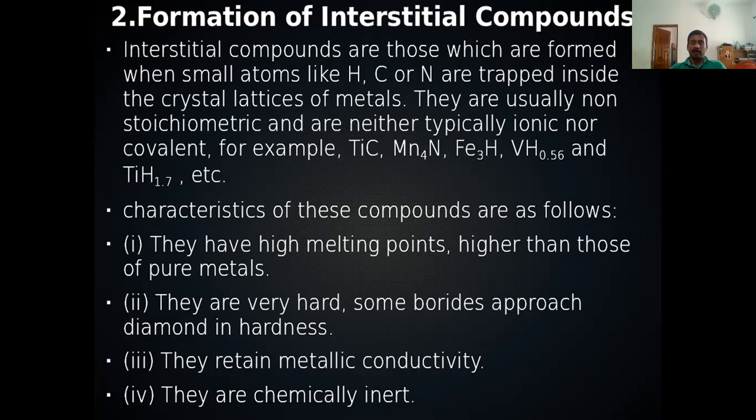And one of the important features of these interstitial compounds, they are non-stoichiometric. What is meant by non-stoichiometric? H2O, that is a stoichiometric compound, 2 hydrogen, 1 oxygen. Stoichiometry is there. But interstitial compounds are non-stoichiometric.